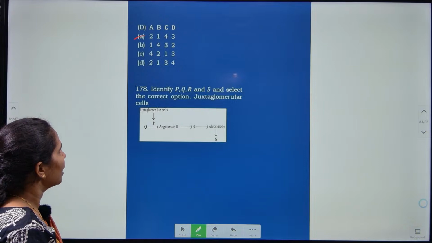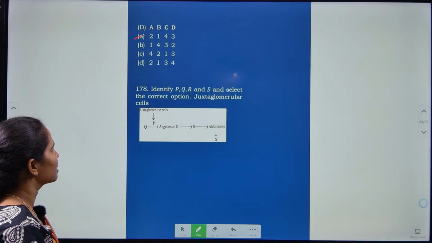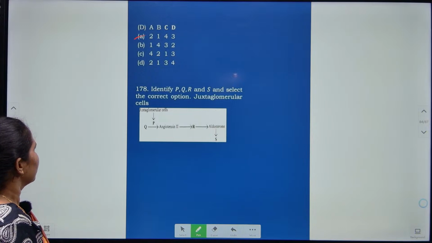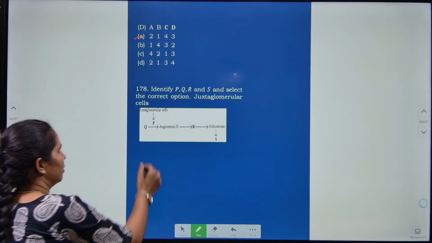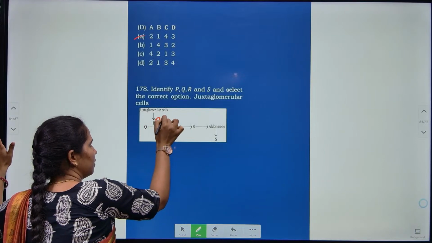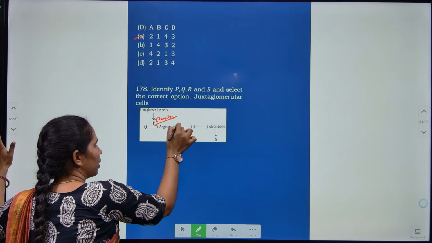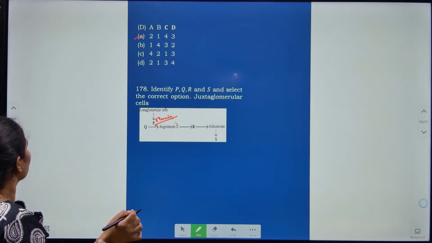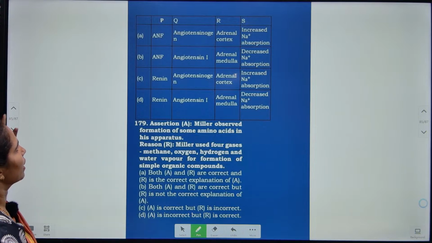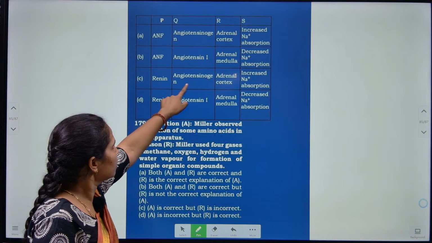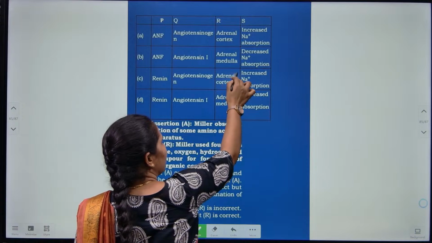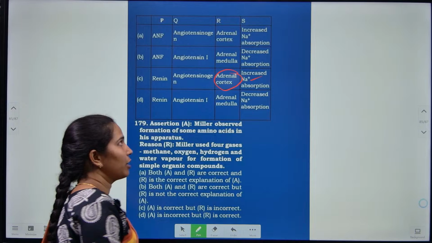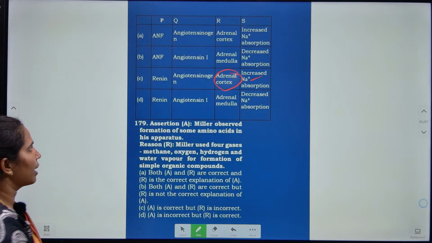Now identify P, Q, R and S and select the correct option, that is juxtaglomerular cells. They are going to secrete renin. Okay, so renin is a chemical here, which is going to help in conversion of angiotensin 1 into angiotensin 2. Then comes ANF, renin, angiotensinogen, and they are going to act on the adrenal cortex, which will help in the absorption of Na+ ions.